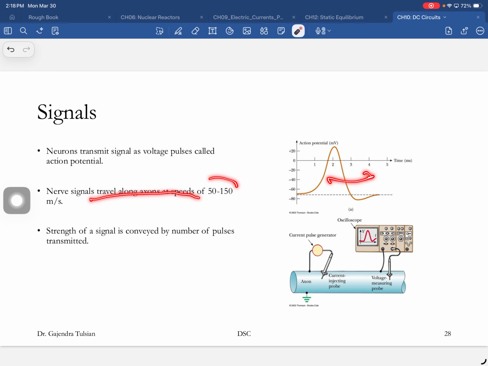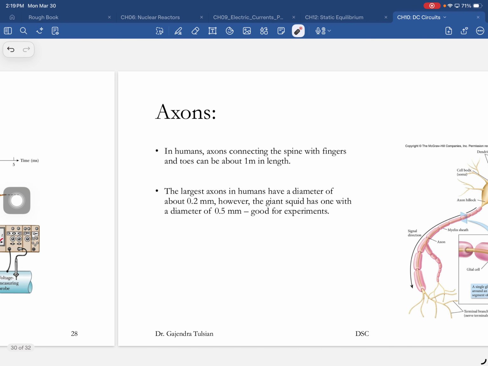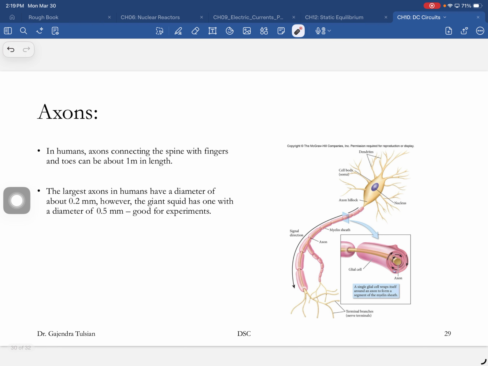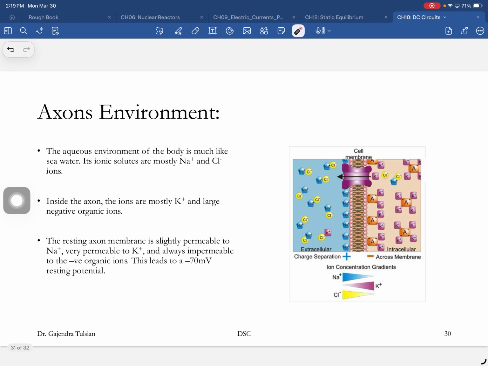So now the voltage here went from minus 70 millivolts to plus 20 millivolts. That's the nerve impulse. And once this becomes positive, more positive ions can flow out, and then in 20 milliseconds, the voltage goes back to minus 70 millivolts.